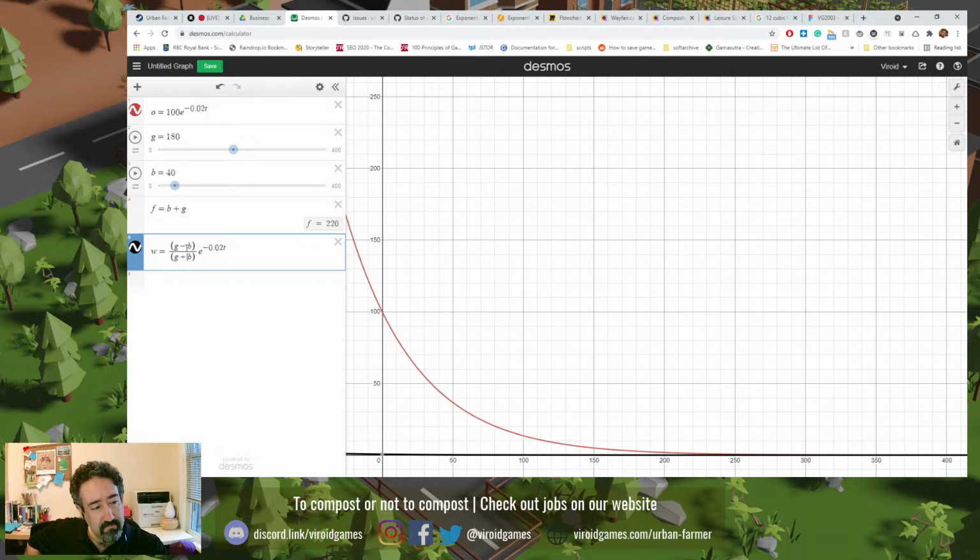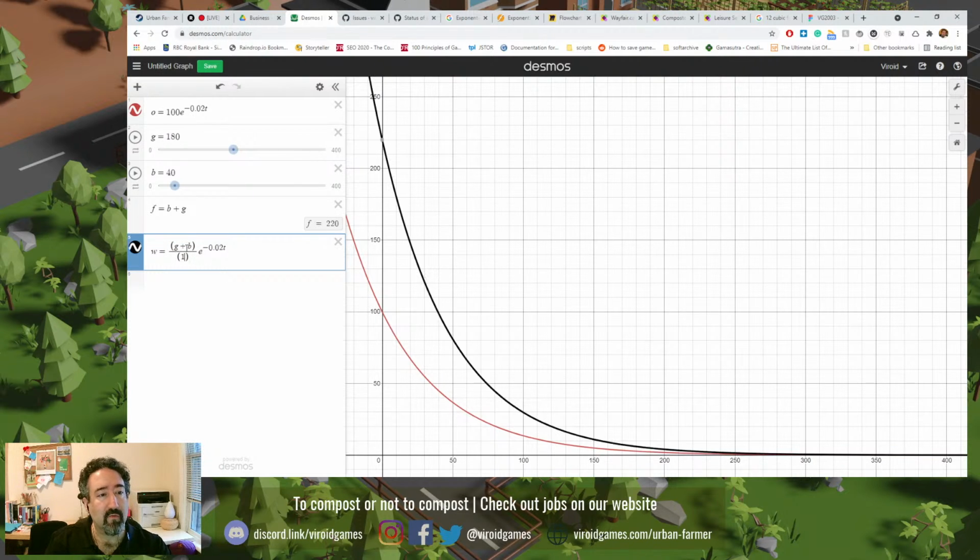Let's imagine the most simple case where there is no bonus, there is no penalty. For each green and brown, when you add 1 unit of green, 1 unit of brown, you need 2 units of water. So that means without this, it's the same.